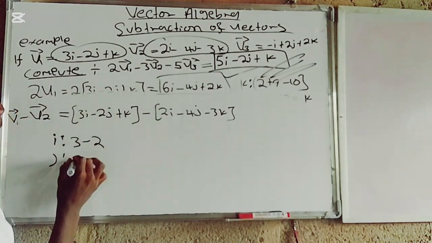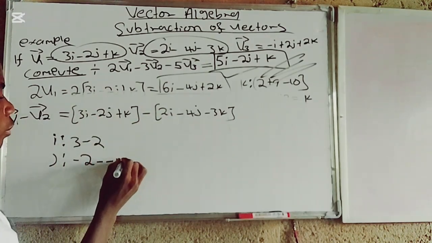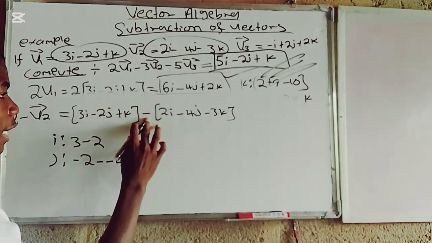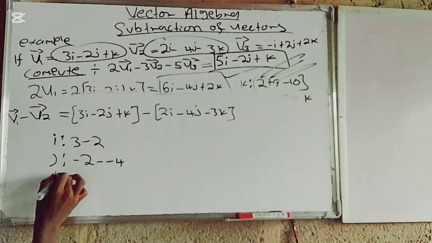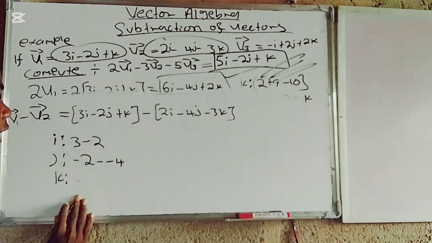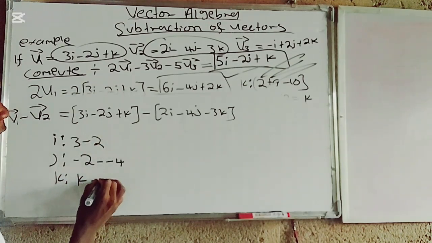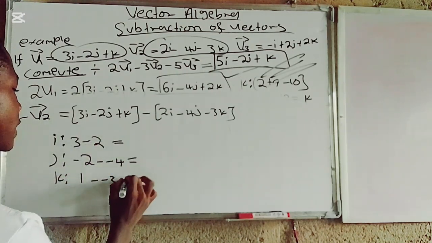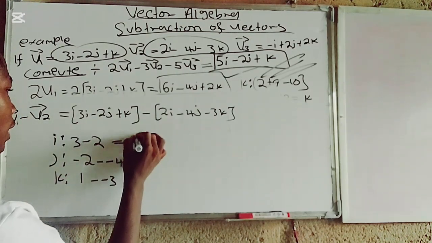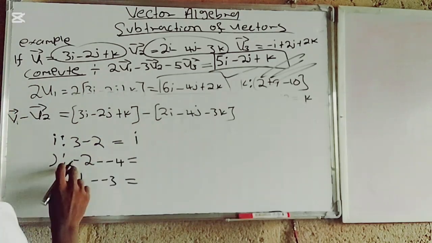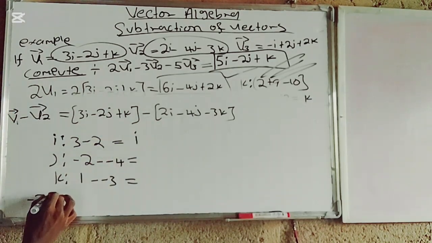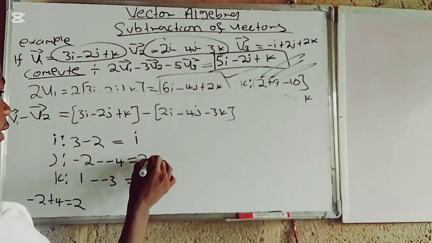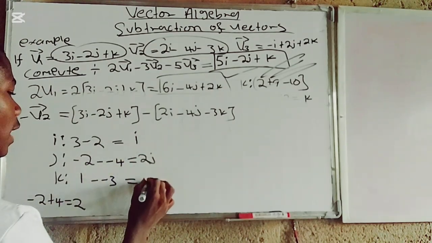For j, we have minus 2 minus 4, because the negative 2 and this minus. For k, it is k minus negative 3, which is the same thing as 4k. So for i, 3 minus 2 is 1, only i. For j, minus minus 2 plus 4 is the same thing as 2j, and this is 4k.